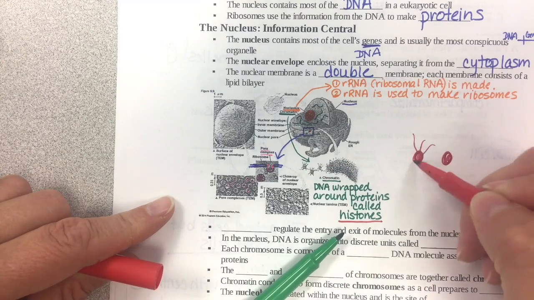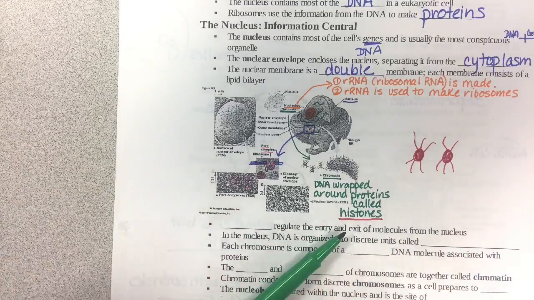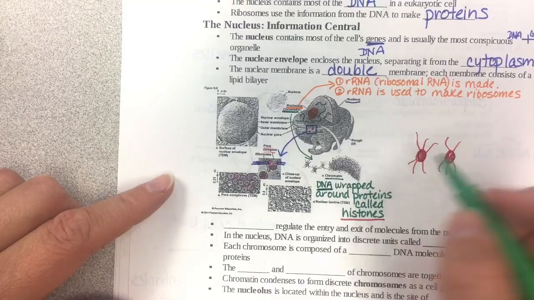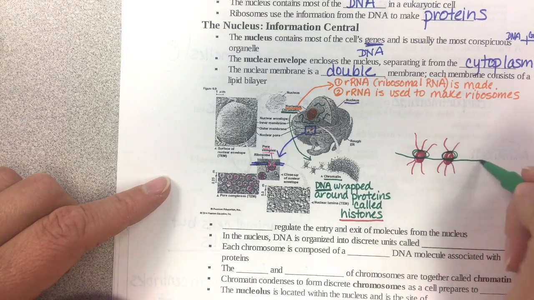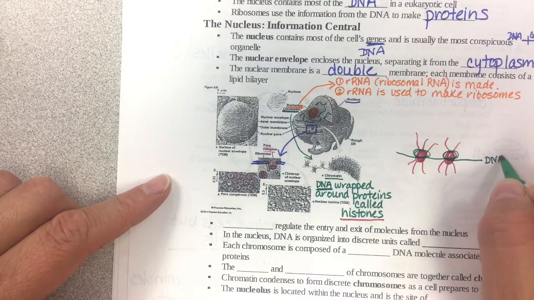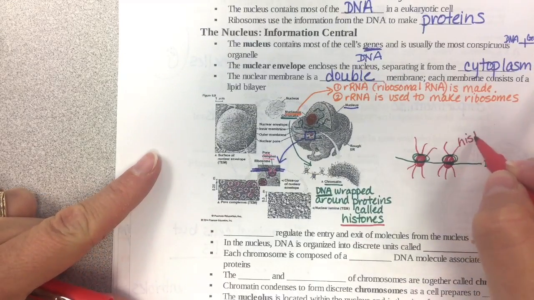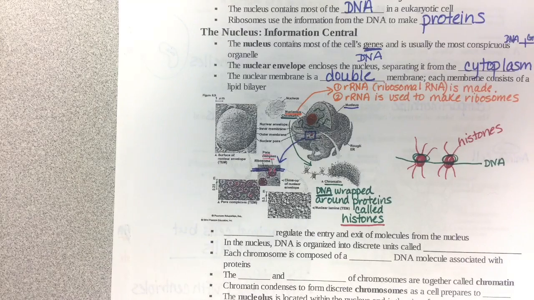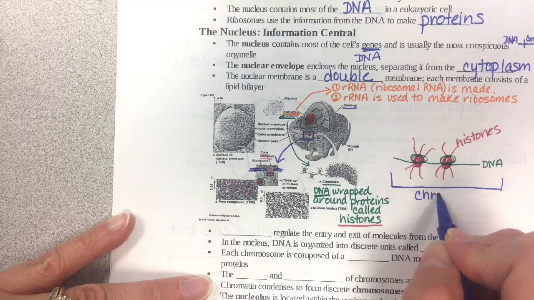That's what they really look like. And then the green part is the DNA. And so the DNA wraps around these histone proteins. And the whole thing, so this is DNA, these are the histones, and the whole thing collectively is called chromatin.